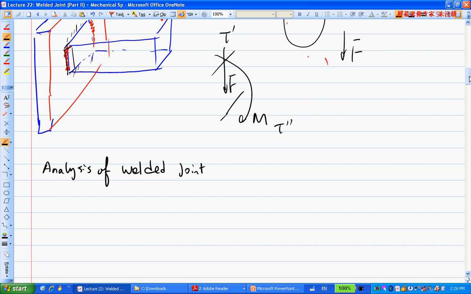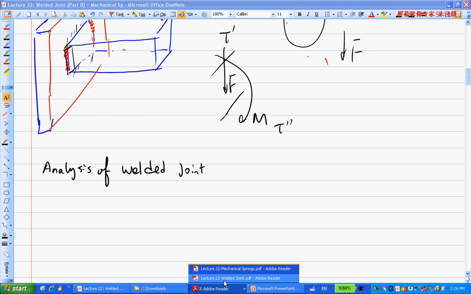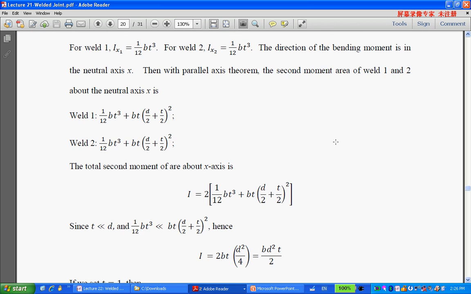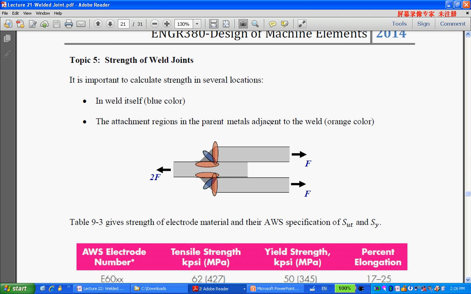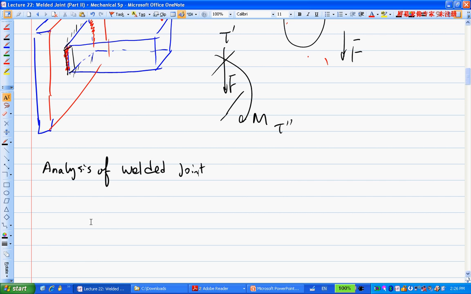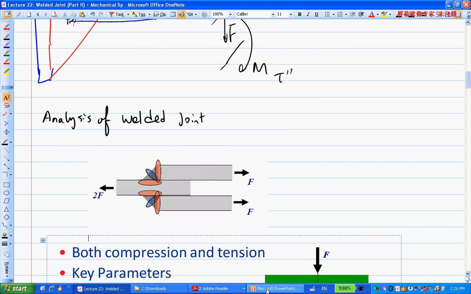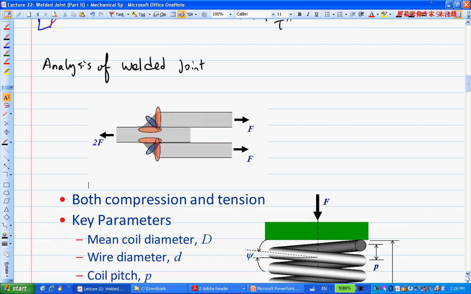So then we can compare the stress with the strength. First thing we need to understand is, when we do analysis of a joint, make sure you understand which portion you're analyzing here.